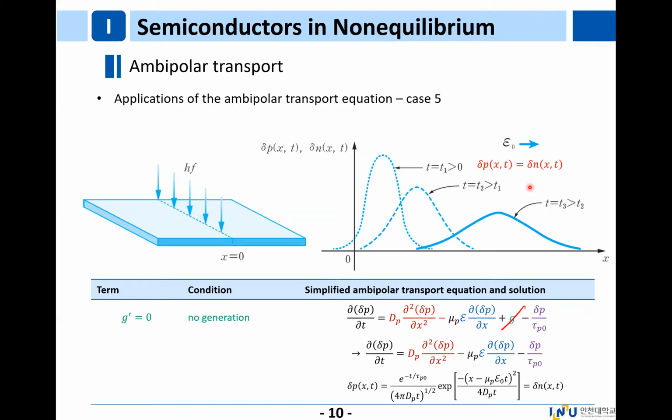Although excess electrons carry a negative charge, in ambipolar transport they move in the direction of the applied electric field, similar to the applied field direction. In essence, in ambipolar transport, excess majority carrier electrons move together with excess minority carrier holes, and their motion characteristics are determined by the minority carrier's force.